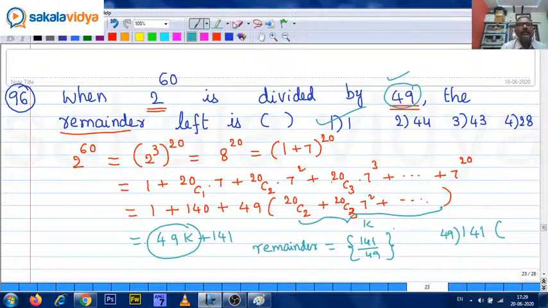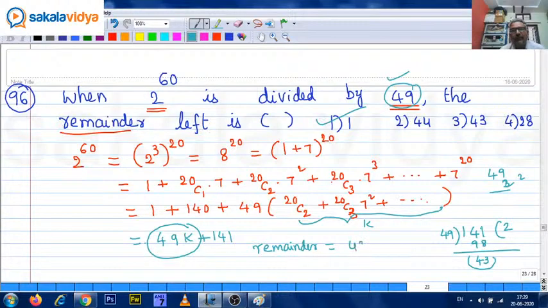Sorry, not fractional part, not integral part, remainder only. So just you find like this: 49 2 ja 98, 3 ja 27. Yes, 2 ja 98. You will get 43. Remainder is 43. That means third option is the right option, not first option.